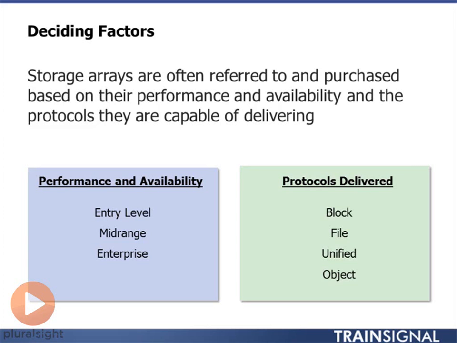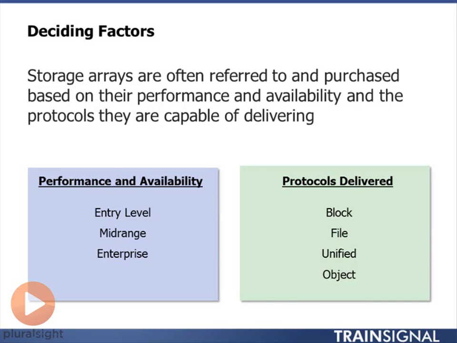Some of the deciding factors around storage arrays, and what you would normally look for if you're purchasing one, are really two buckets, in my opinion. The performance and availability would be one bucket, and protocols delivered would be the other. On the performance and availability side, there are really three tiers: entry level, mid-range, and enterprise.